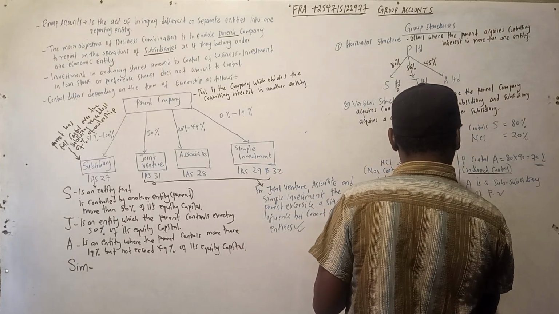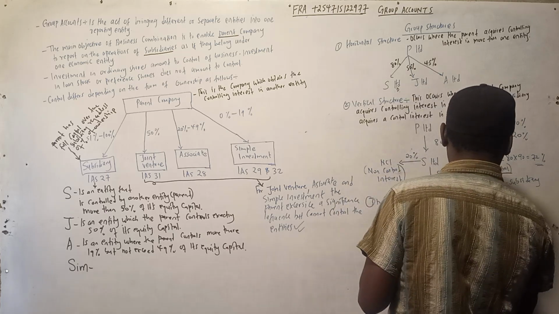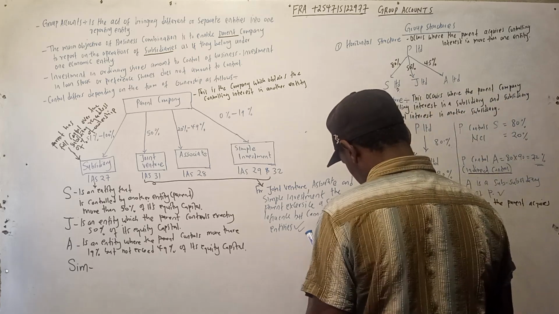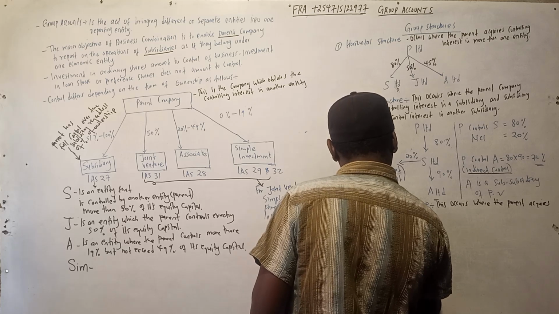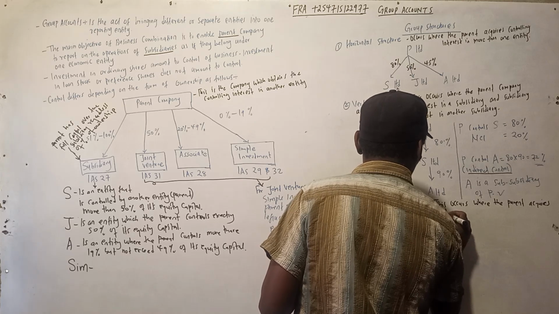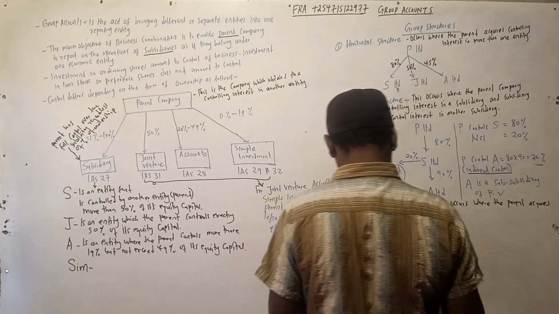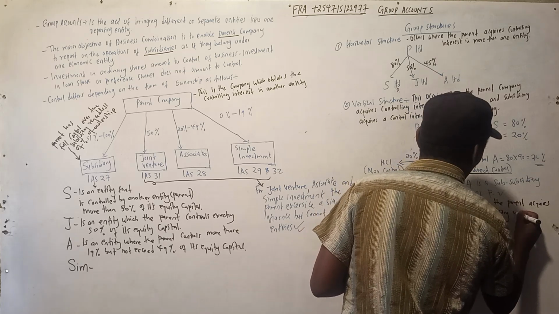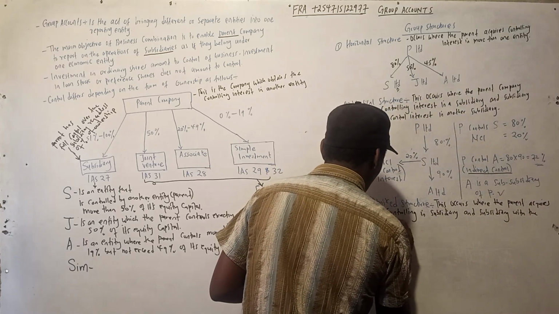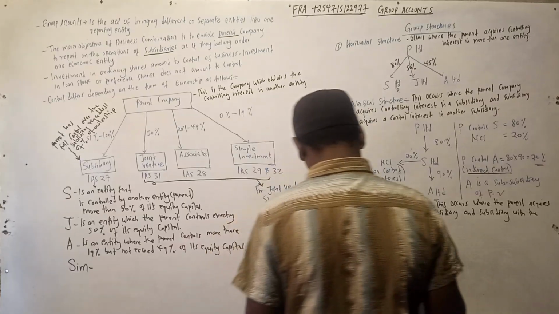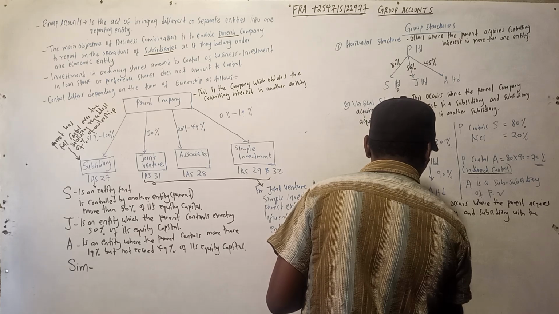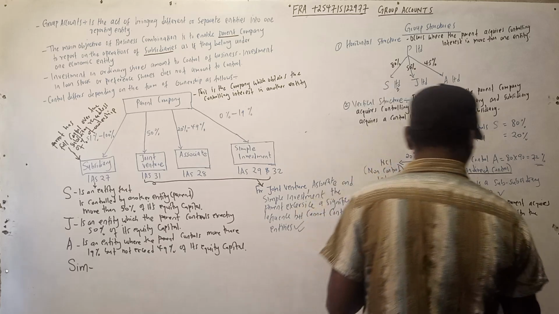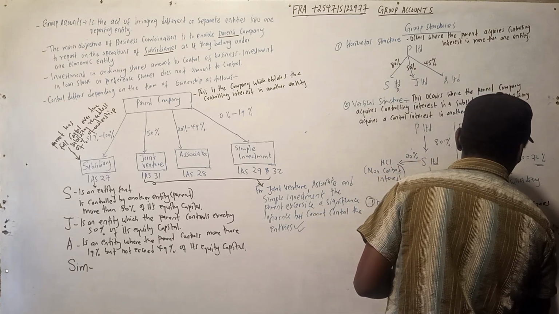This occurs where the parent acquires a controlling interest in a subsidiary, and the subsidiary with the parent acquires a controlling interest in another subsidiary.